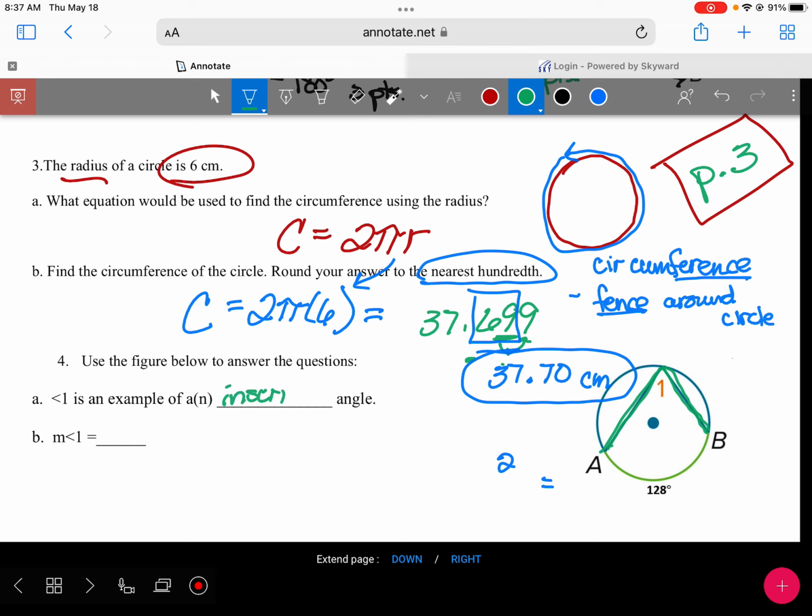Are you sure it's not central? What would make it central? Yes, if we had the vertex at the center. Okay. Now, if this is 128 degrees, what is the measure of angle 1?